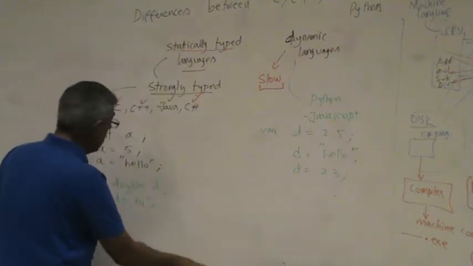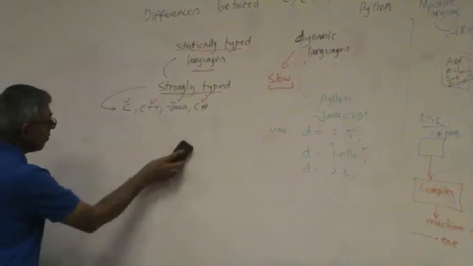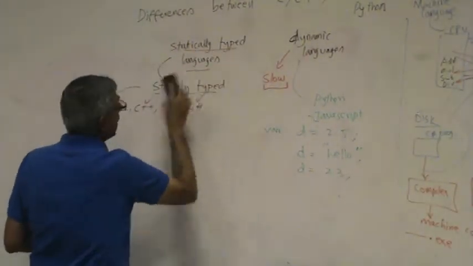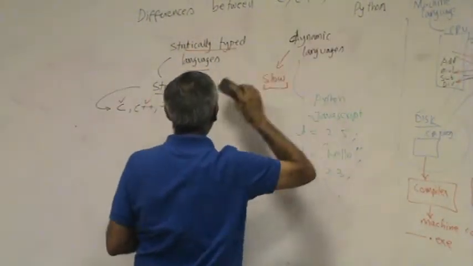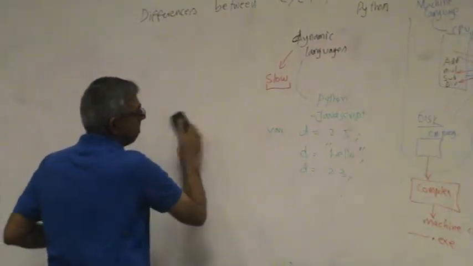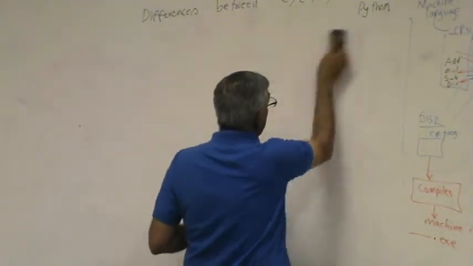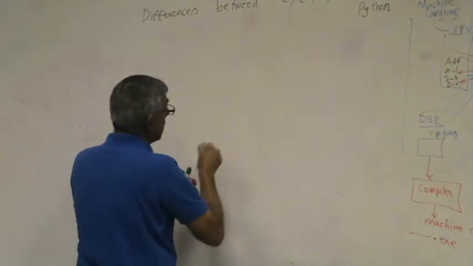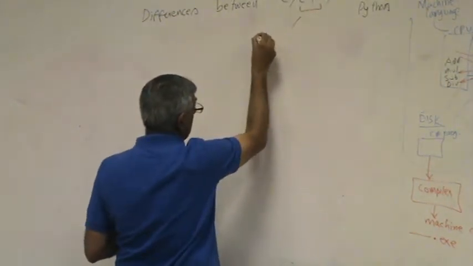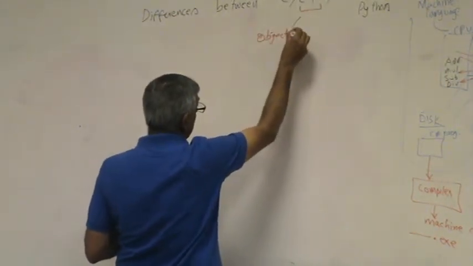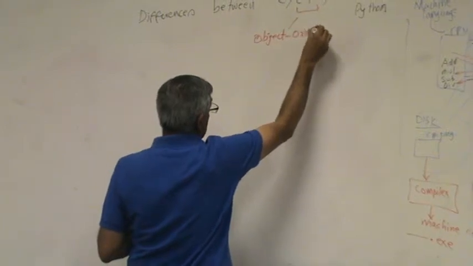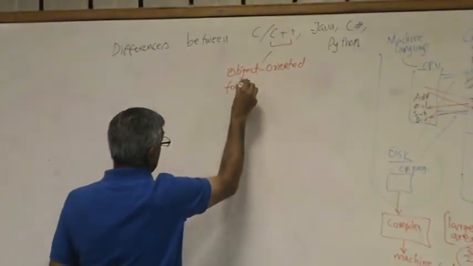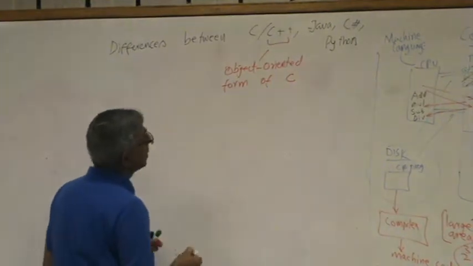So now let me slightly clarify the difference over here. Okay, so now C++ is basically an object-oriented form of C language, okay?